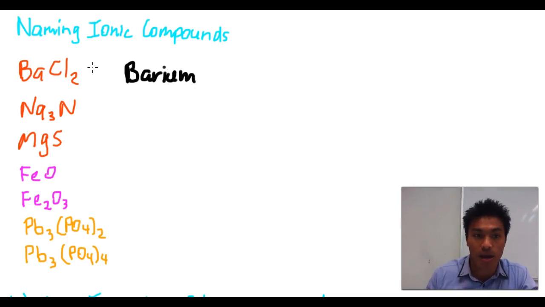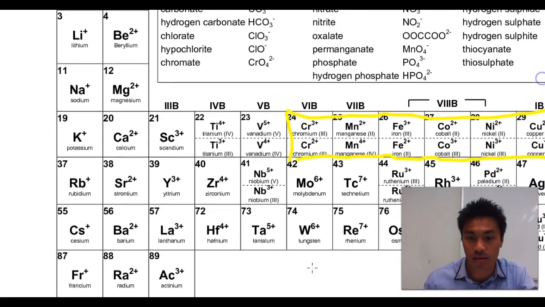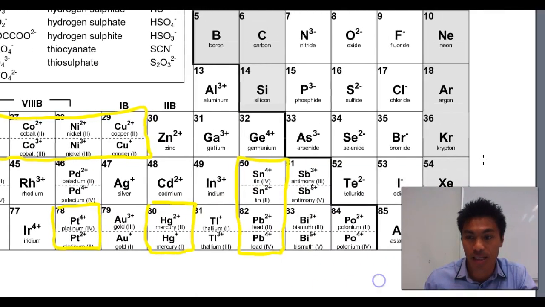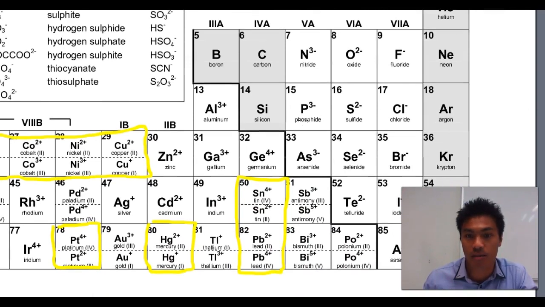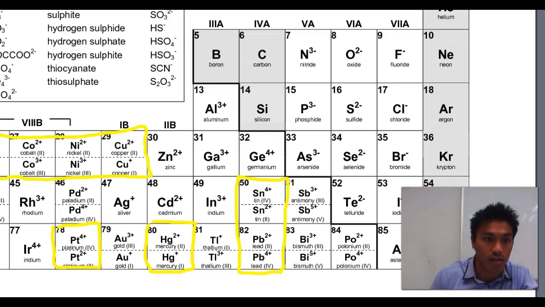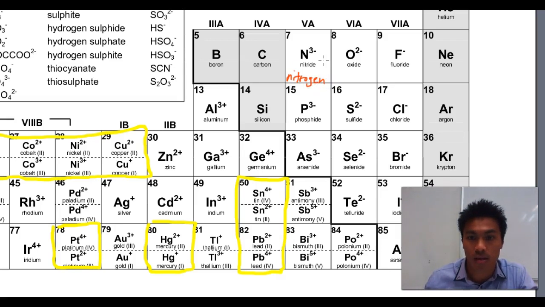So barium. Now, let's go back to our periodic table of ions real quick. Basically, for all of these anions by themselves, you take the base of the actual name and put "ide" on the end of it.